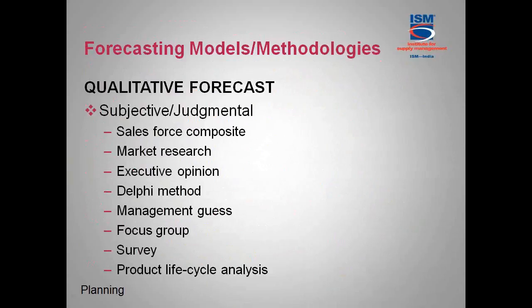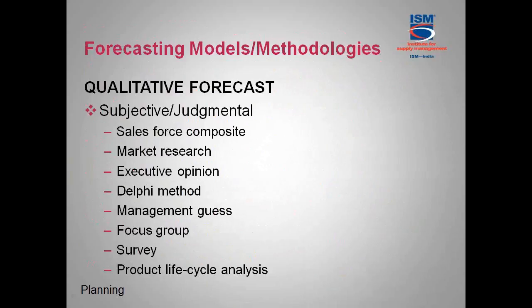Another is market research. A lot of companies are there for research purposes. Executive opinions: in our organization, the senior people give their opinion, and we follow the opinion of the executives. The Delphi method, where we call independent consultants or senior people.